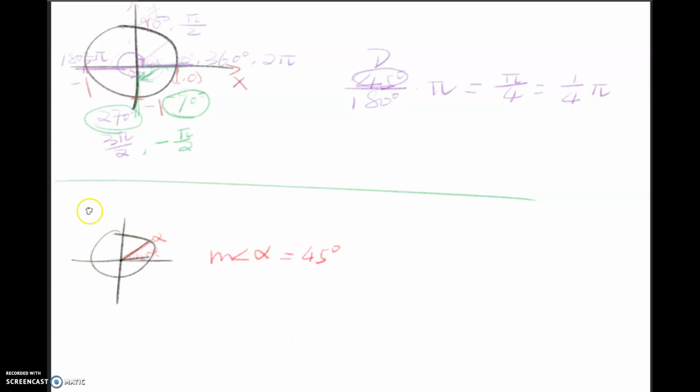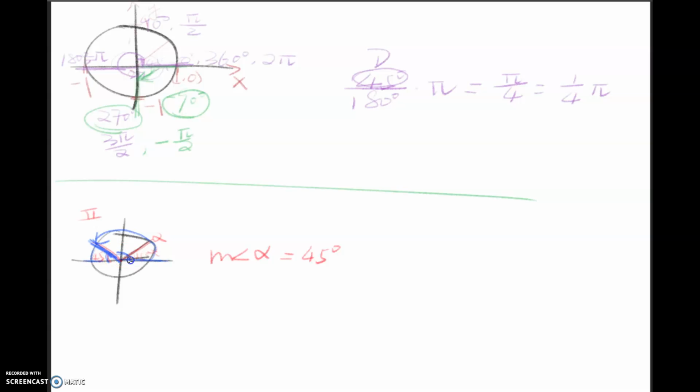Alright, but if it's in the second quadrant, so if I know here is your 45 degrees, I should change the color. However, remember, our starting point is the positive x-axis. So we go from 0 to here. That's almost 180 degrees, but we're 45 degrees away from the 180, right?